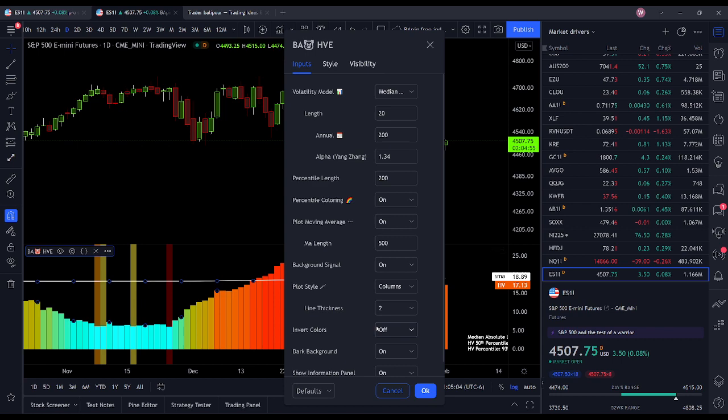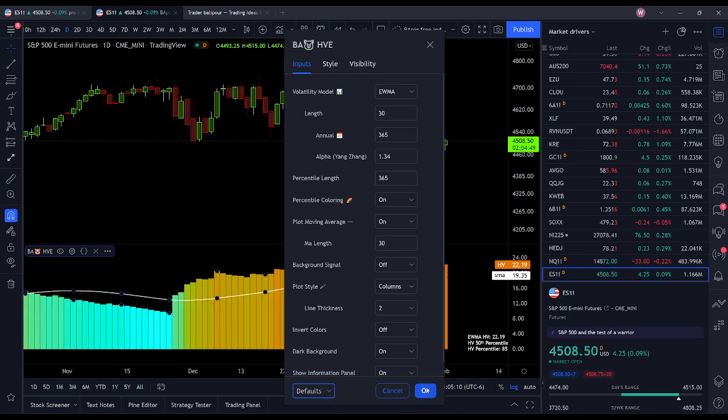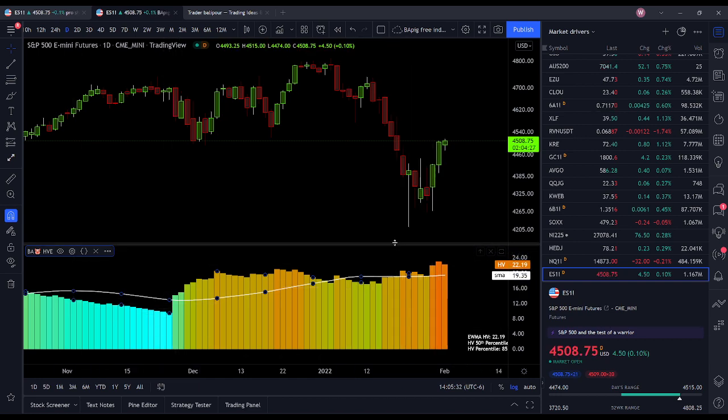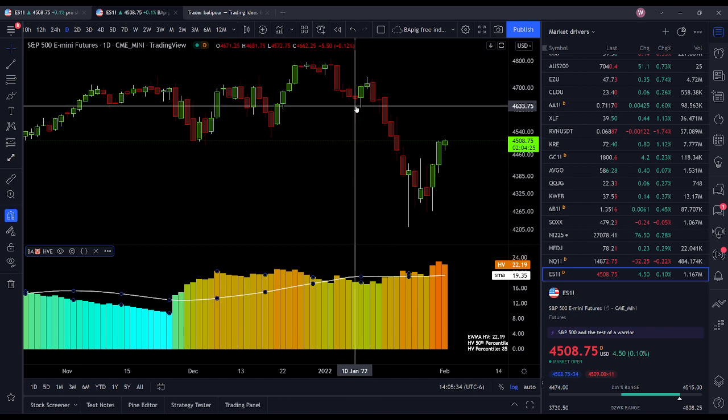Looking at the historical volatility estimator, we can reset our settings here and check this. Our length is looking back on the past 30 candles in relation to the past 365, and that's a good daily way to view whether volatility is low or high with that percentage change.